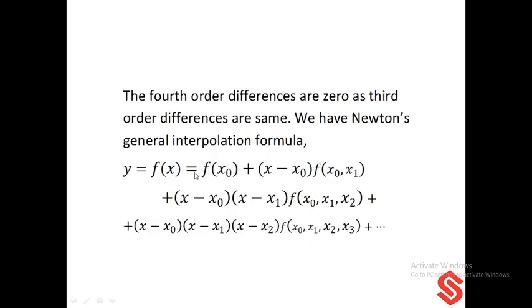Now we have Newton's interpolation formula. Y is equal to f of x is equal to f of x naught plus x minus x naught into f of x naught comma x1 plus x minus x naught into x minus x1 f of x naught comma x1 comma x2 plus x minus x naught into x minus x1 into x minus x2 f of x naught, x1, x2, x3 and so on.